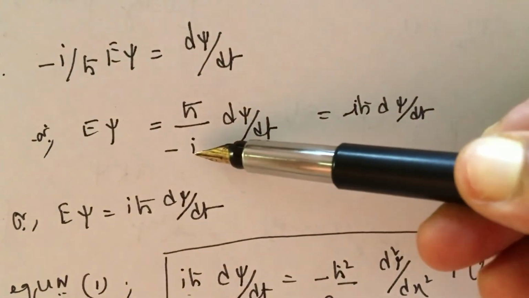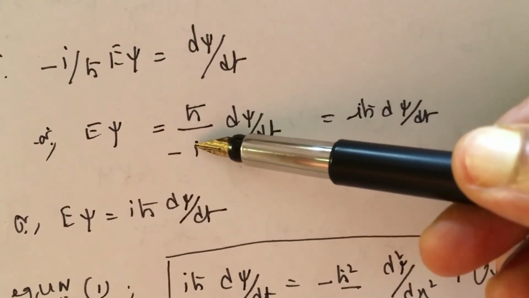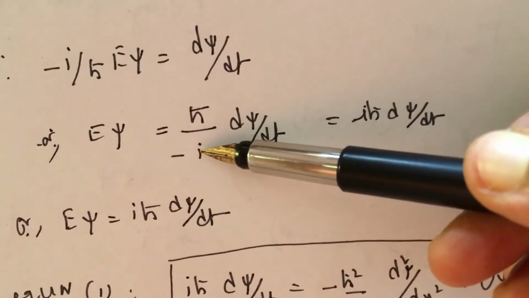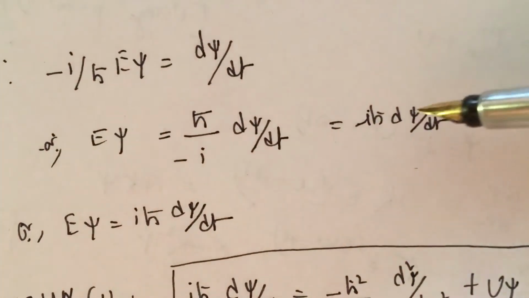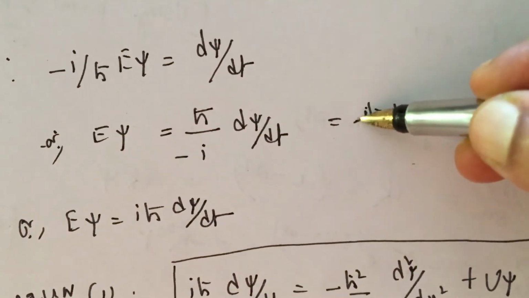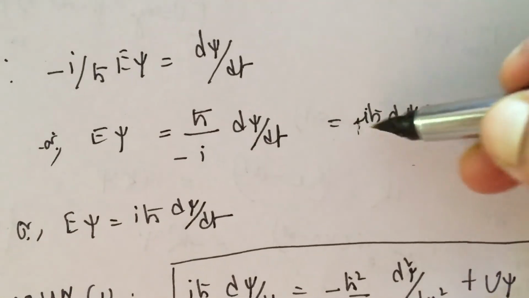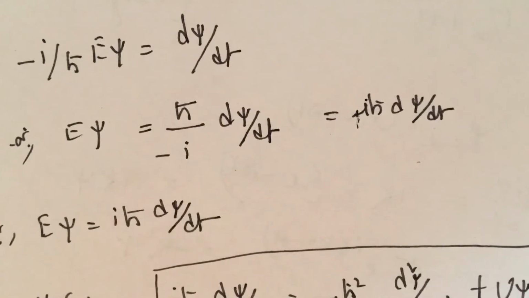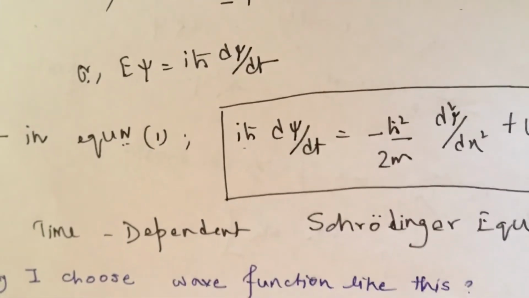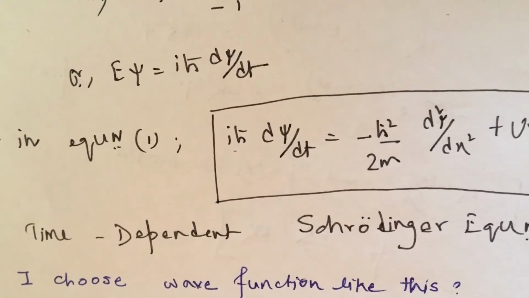And if I shift this i to the numerator, it will be just plus i. It's plus i h cross d psi by dt. So I get E psi equal to plus i h cross d psi by dt.